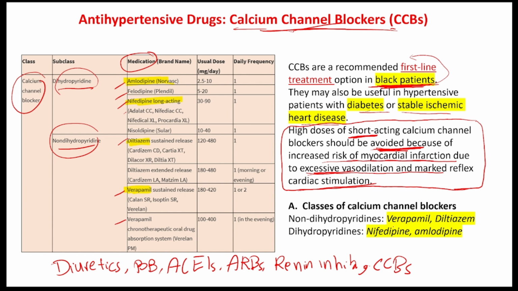As we discussed, we have two groups of medication: dihydropyridines such as nifedipine and amlodipine, and non-dihydropyridines, verapamil and diltiazem. We need you to be aware of this category, with two medications from each: amlodipine, nifedipine, diltiazem, verapamil.